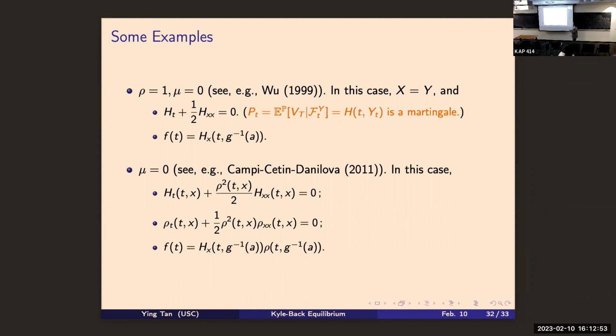If we take mu as 0 in our compatibility condition, we will get this one, and this one is their small f. So our compatibility condition is not from nowhere.